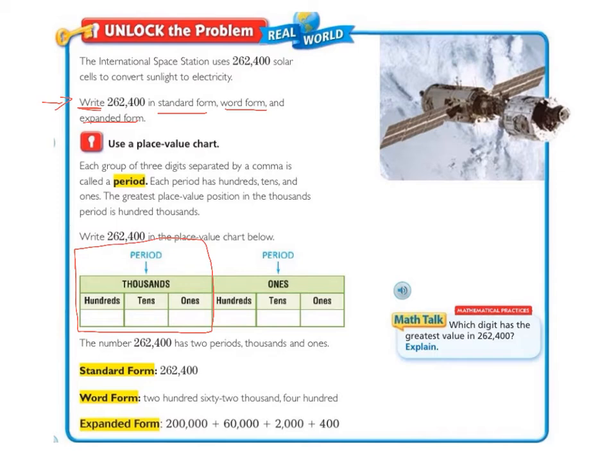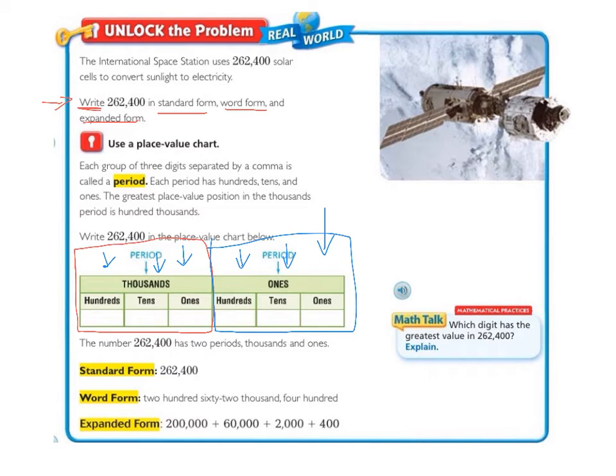And then this section where all of the hundreds are is also called a period. Each period has a hundreds, tens, and ones place inside it. So if we look at this period here, we have a 1, a 10, and a 100. Then we move over to the thousands period, and once again I have a 1, a 10, and a 100.